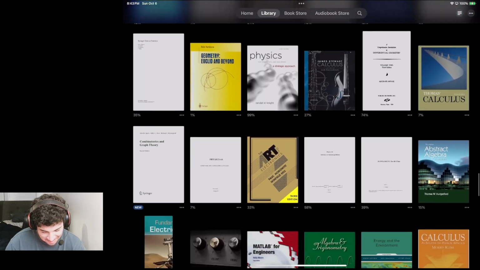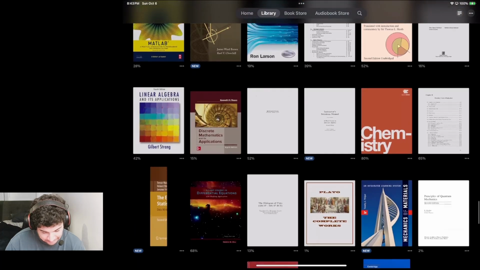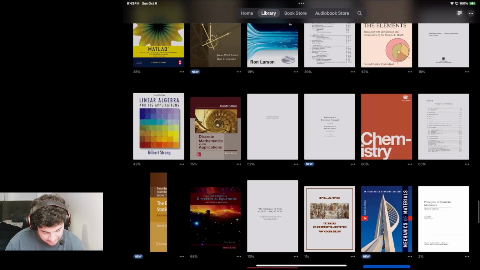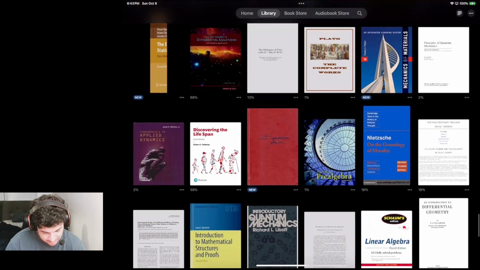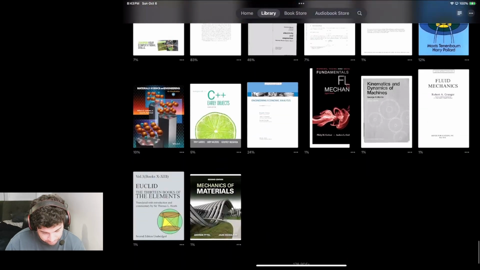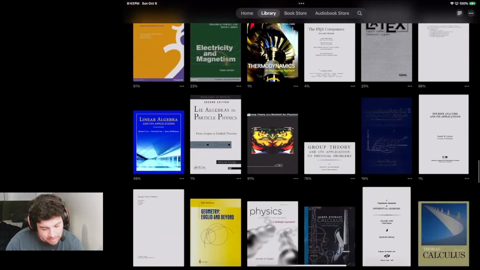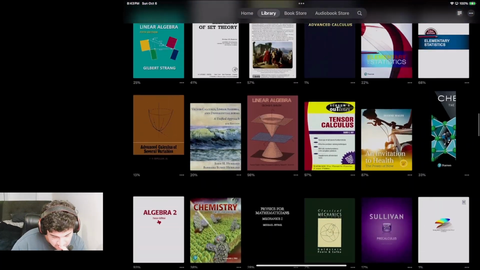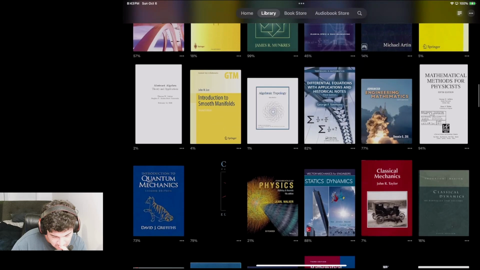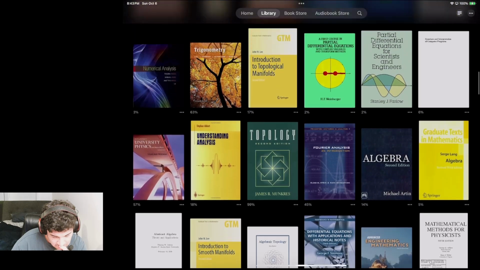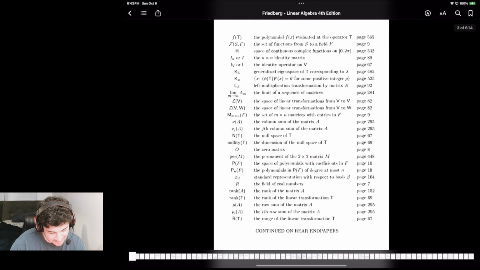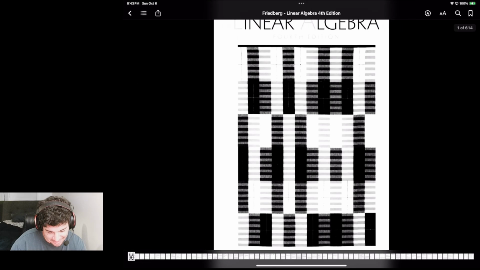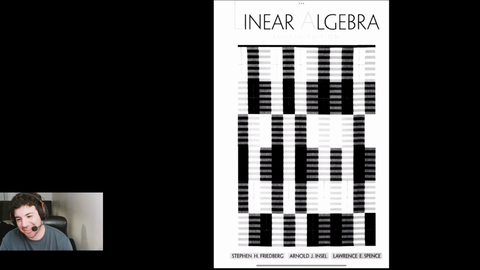I said I wouldn't go through my books. Like Strang. Strang is another common book people use. Where the heck is it? Oh, there it is. This guy, Friedberg. This is another one. This is actually the one I used when I first took linear algebra.